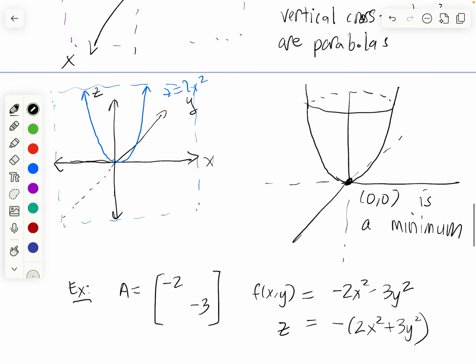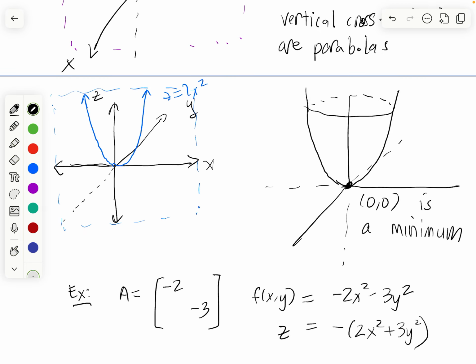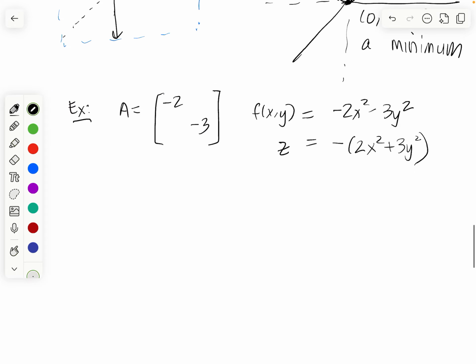So what can you do with the graph of this function before to get this new graph? You just flip it about the xy plane, right? You multiply all the z values by -1, and so what you end up getting is this bowl. Okay, the more technical term is a paraboloid, but let's just call it a bowl. It's this bowl that's like this.